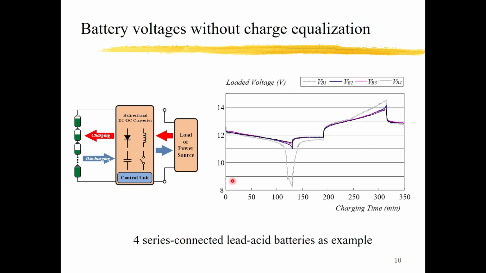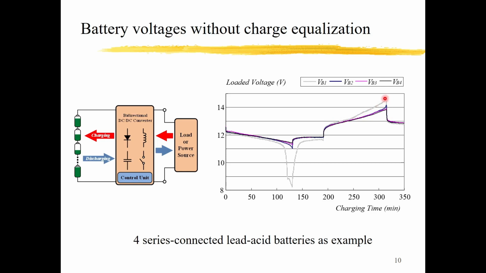So in this case, we can see this gray one. When we discharge the batteries, the voltage decreases, but this one decreases even more than all the others. And when we charge the batteries, this one increases much higher than the others.